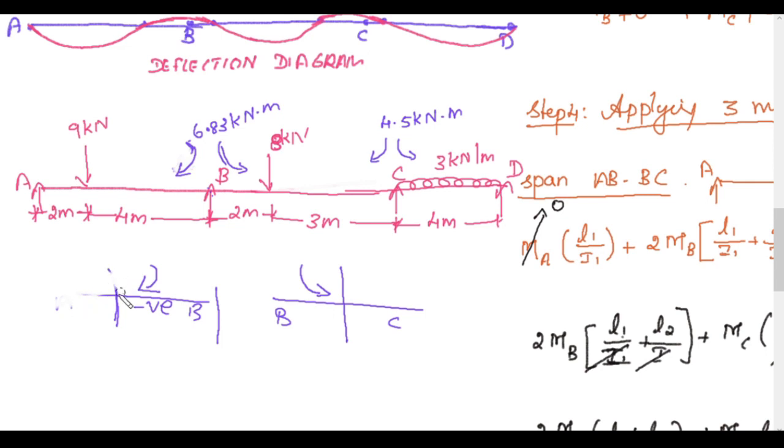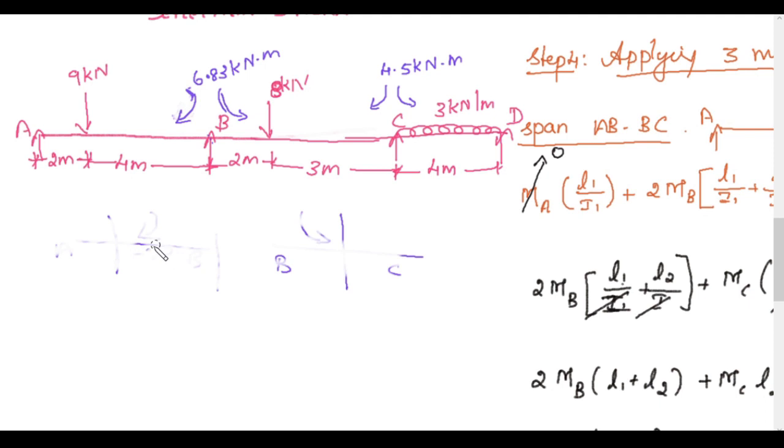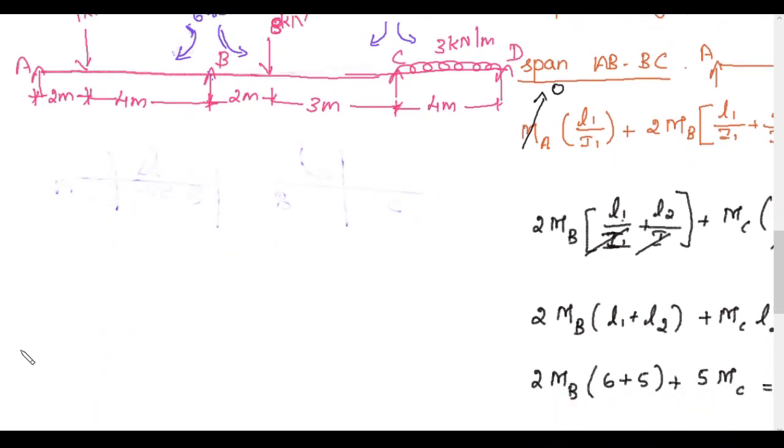Okay. Now we will take the moments to the right of C as well as to the left of B. Taking the moments to the right of C, we have to consider all the moments to the right of C. It is RD into 4.